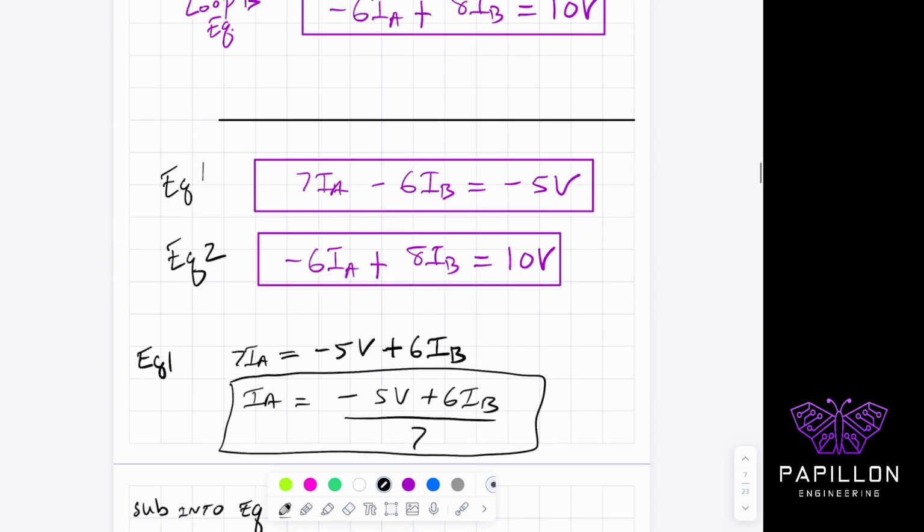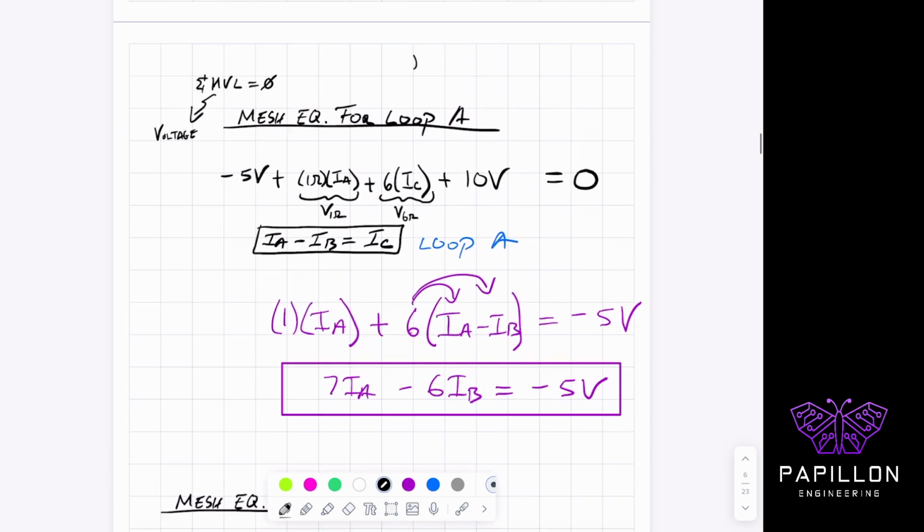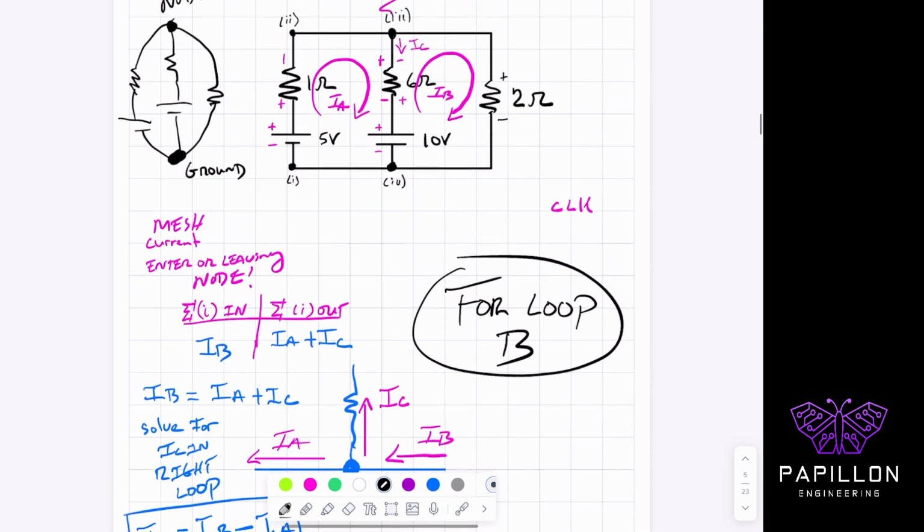What the minus sign is referring to is that our current is actually going upwards. We assumed it's going like this, but it's actually going up in this direction, okay? And that's what that means. And hopefully that makes sense of what's going on.